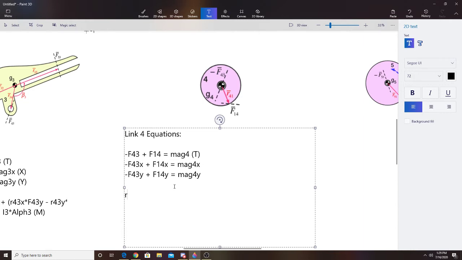So, real quick, R41x times F14y minus R41y times F14x equals the moment of inertia of link 4 times alpha 4.